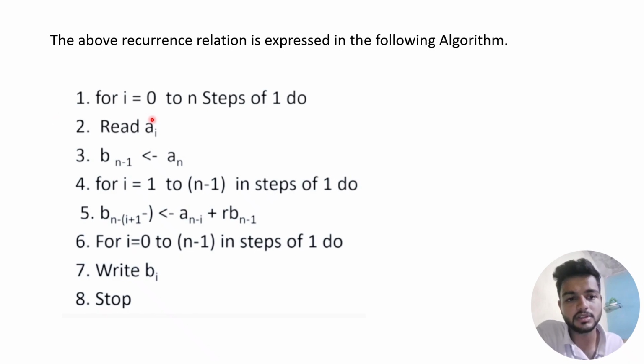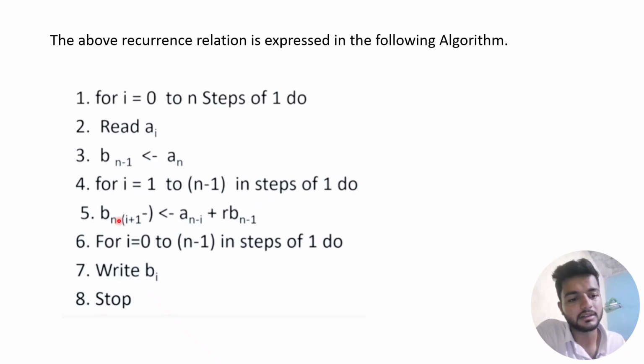For i equal to 0 to n, in steps of 1, we'll read all the values of a. Then for i equal to 1 to n minus 1, we'll start a loop.